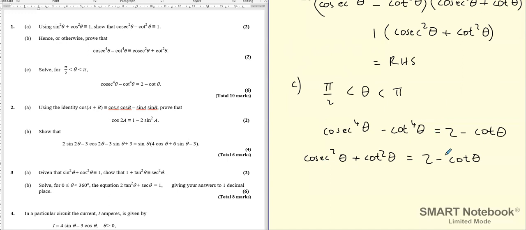Now, we can't change this term here because it's not a squared term. So that means everything else has to be in terms of cot, the trig terms anyway.